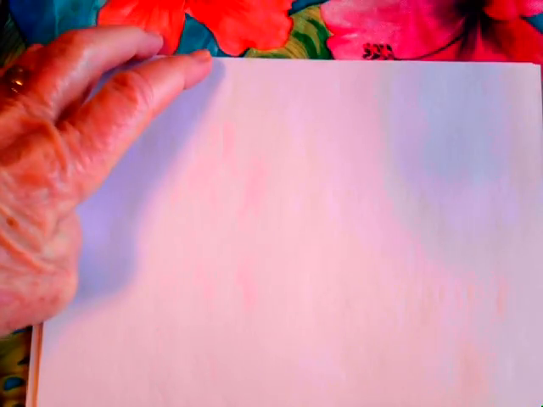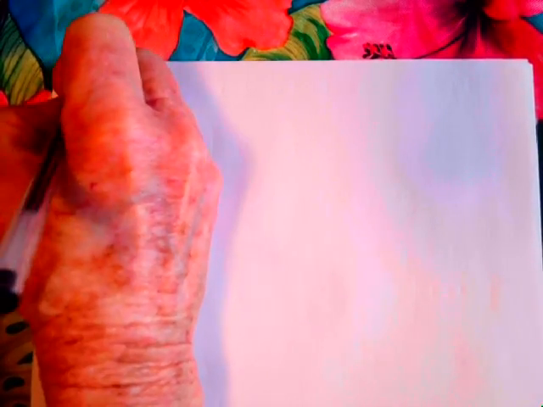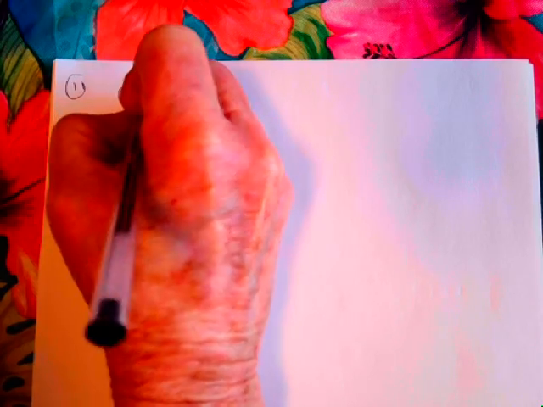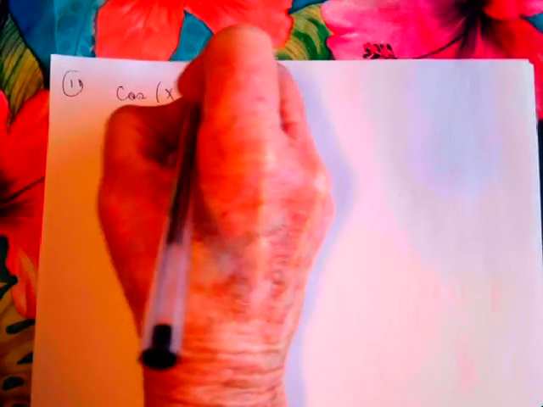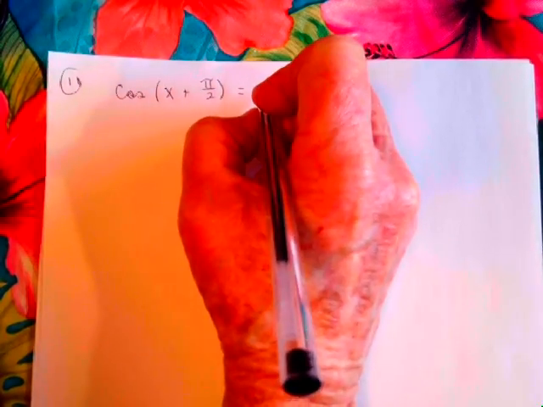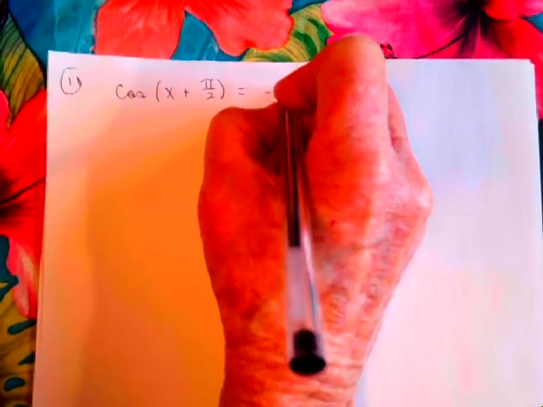Number 11. Verify the identity cosine of x plus pi over 2 and prove that that equals negative sine of x.